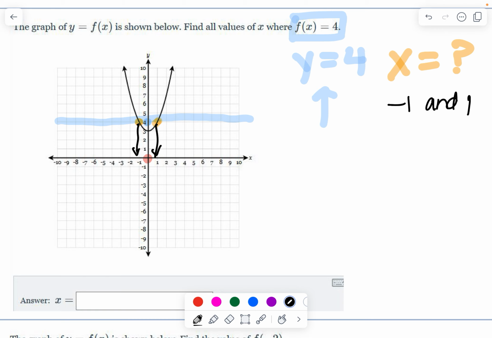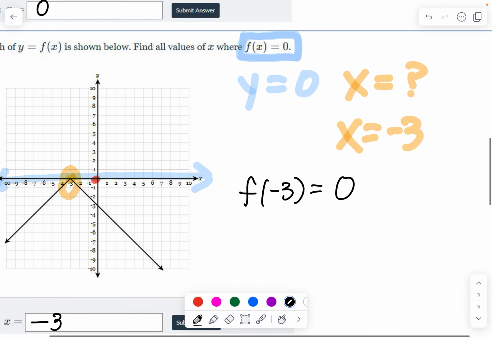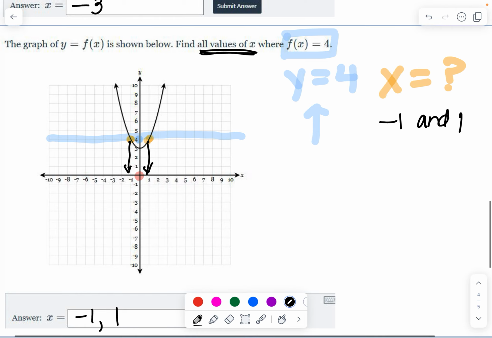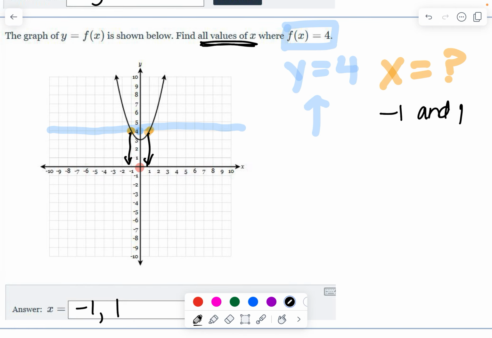So you can have one answer, you can have two answers, you can have multiple answers, or you can have none at all. So notice that it said find all values of x. Here there were 2. In the last example, there was just 1. The most important part, I think, is recognizing that we are looking for when the output is 4 and trying to find x.